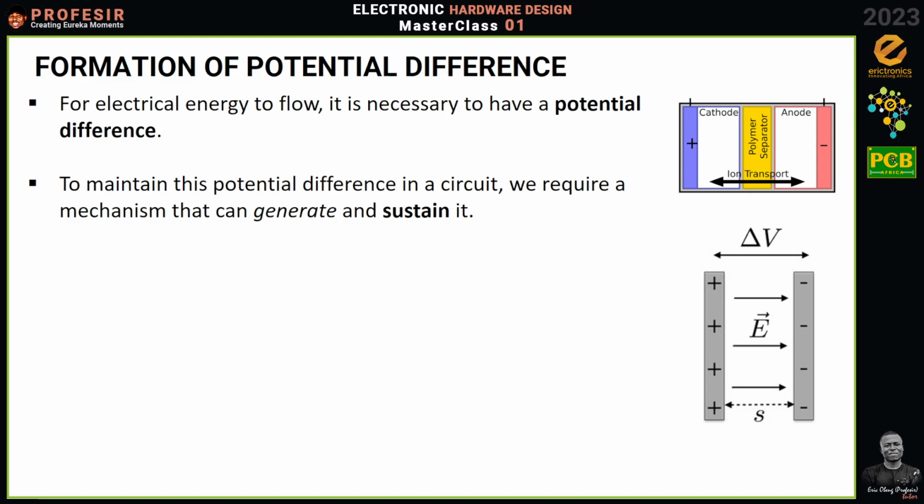This has to be sustained. In our electronic system, we have to make sure that this energy is not changing. By the way, this is not something you as the electronic system designer worry about, because everything has been factored into the design of the batteries, right?